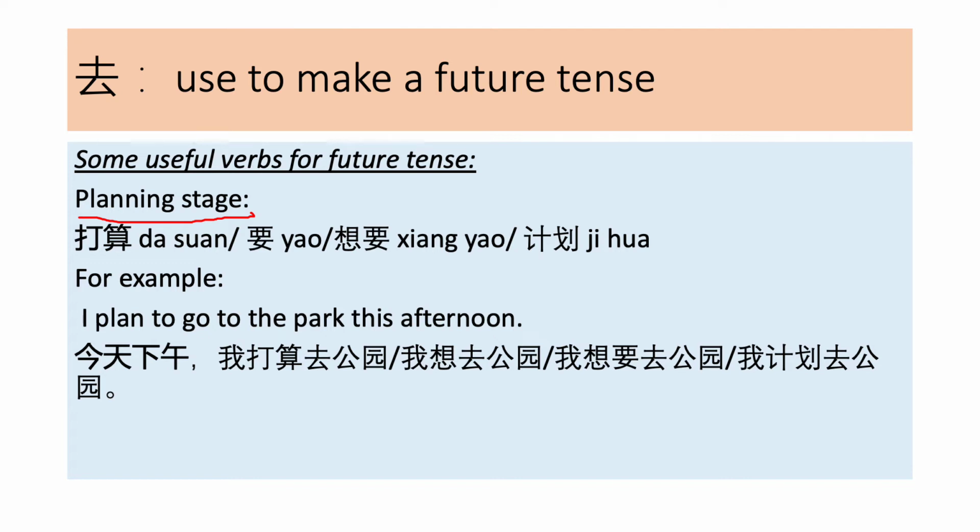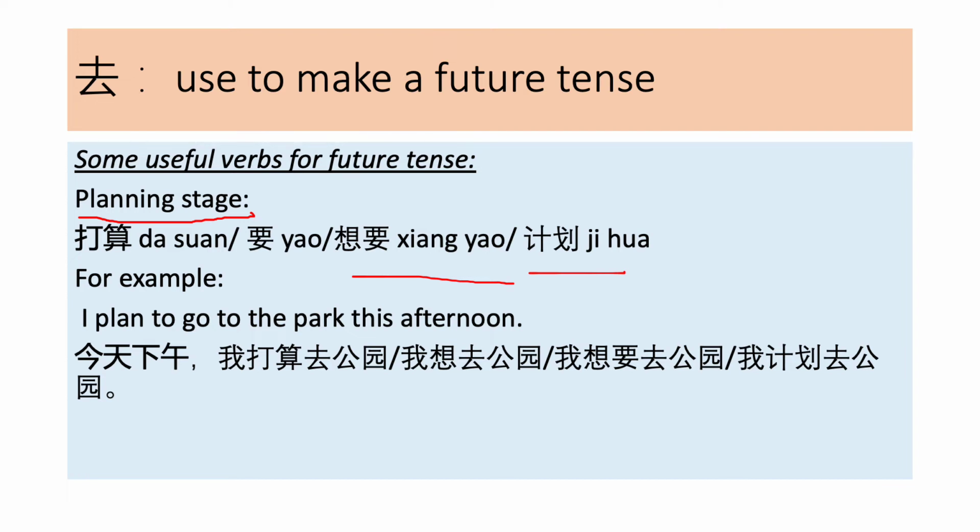The words we use in the planning stage are 打算 means to plan, 要 want, 想要 want, 计划 to plan as well. So if you want to make your sentence very formal, you normally use 打算 or 计划. If you want to make a sentence informal, we can use 要 or 想要.